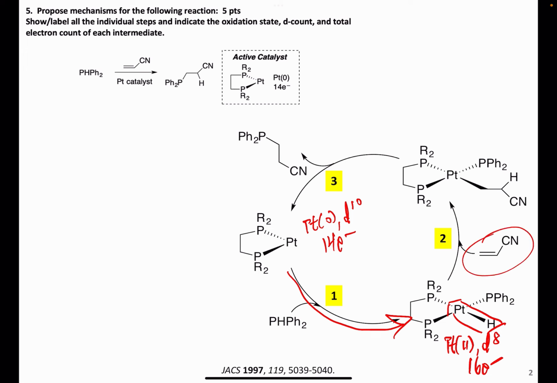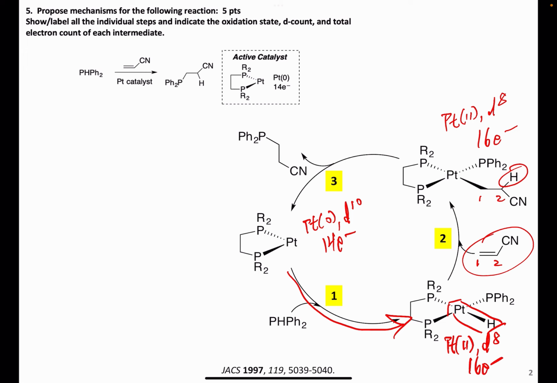Our olefin can then come in and coordinate to the platinum center, forming a transient 18 electron species that can then undergo a 1,2 insertion. Notice that the 1,2 insertion now puts the hydrogen at the position we want in the final product. We now have a new platinum 2, d8, 16 electron compound.